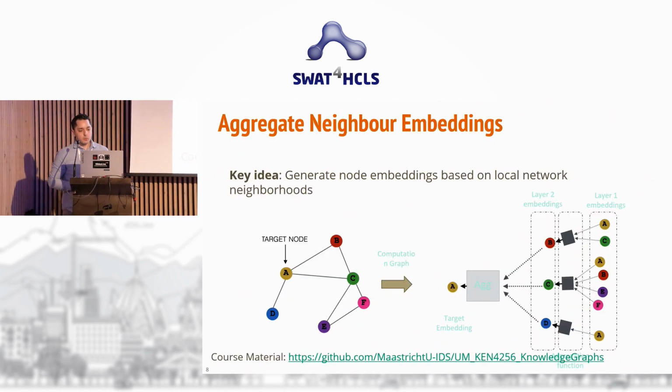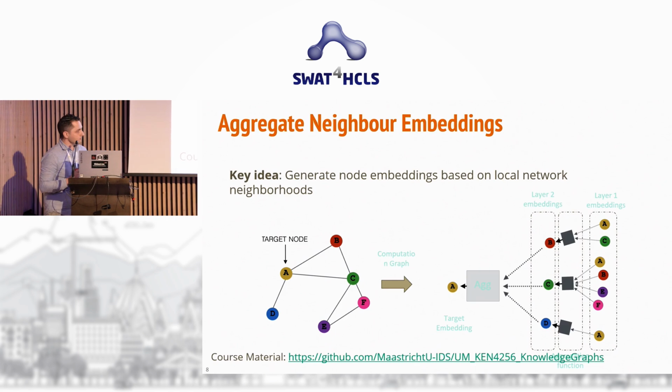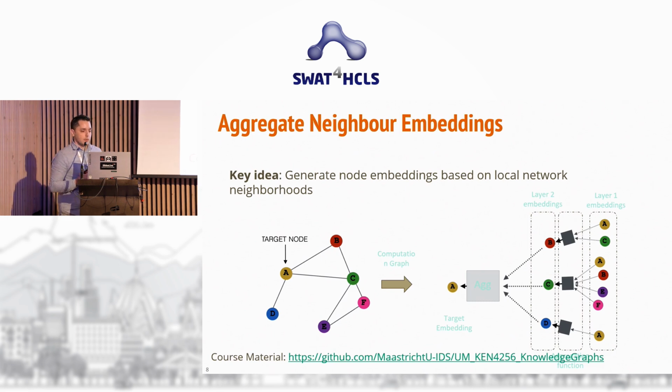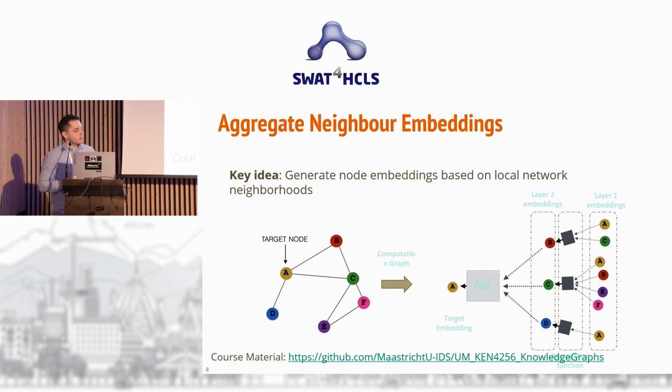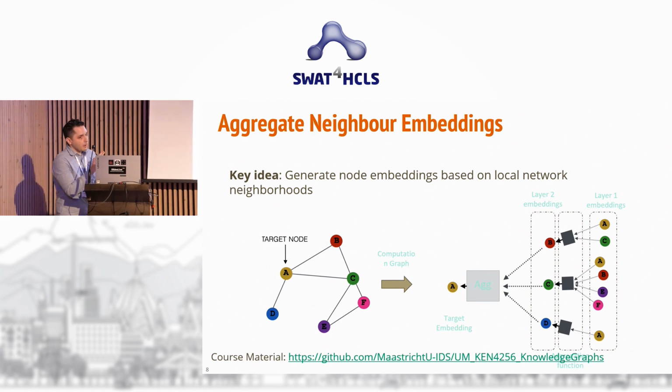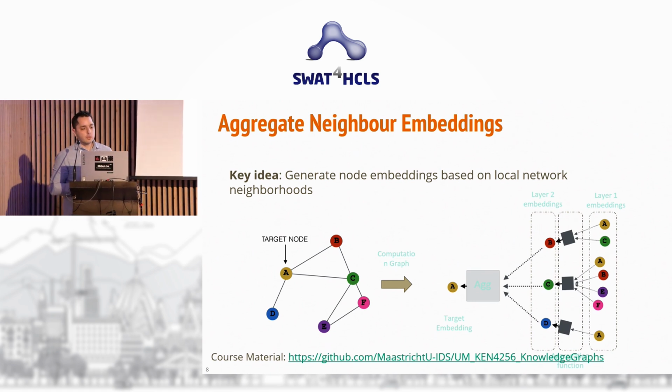Right, so a little more about the way these graph neural networks work, in case people haven't seen this. Again, this is course material you may want to view yourself later. There are a couple of key ideas to these graph neural networks.